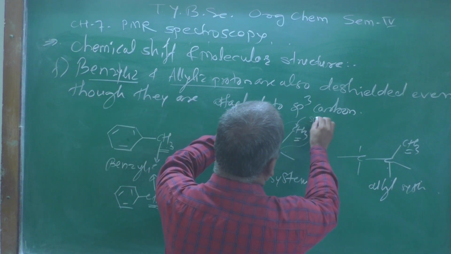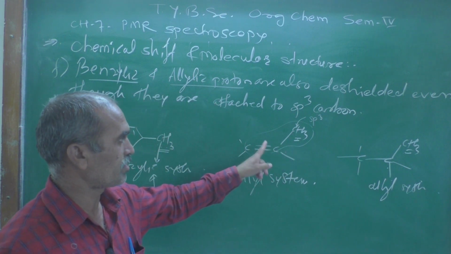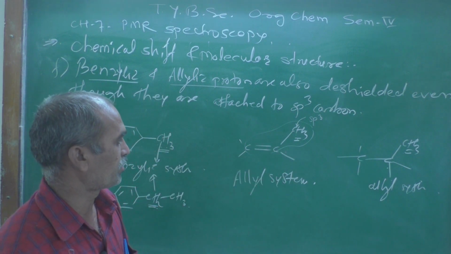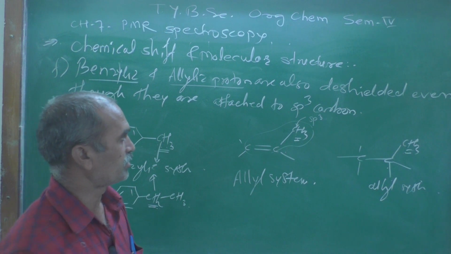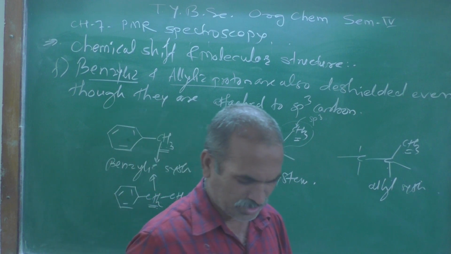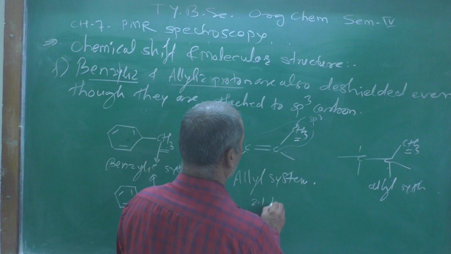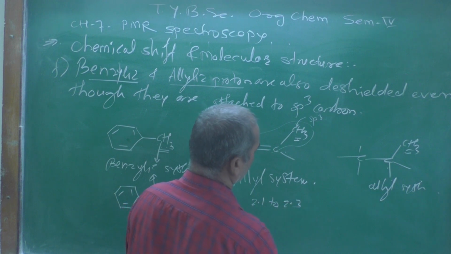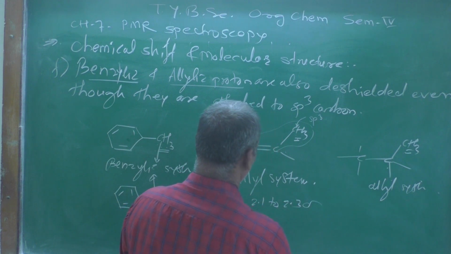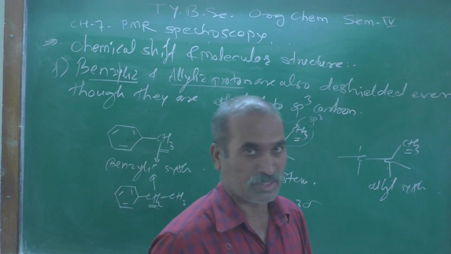This carbon atom shows sp3 hybridization, but nearby there is a carbon-carbon double bond, and therefore the chemical shift value of this methyl group is found to be 2.1 to 2.3 delta, or we can call it ppm, parts per million.